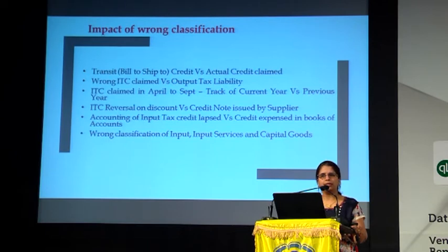In bill to ship to transactions, the place of supply is always a third person's place of business. For example, the person is located in Hyderabad. He has given me an order to supply the goods to a person located in Bangalore. I am also located in Bangalore. The recipient is also located in Bangalore. The person who has given me the order is in Hyderabad. So I will be raising an invoice to the Hyderabad party, and the Hyderabad party will raise the invoice to my customer.